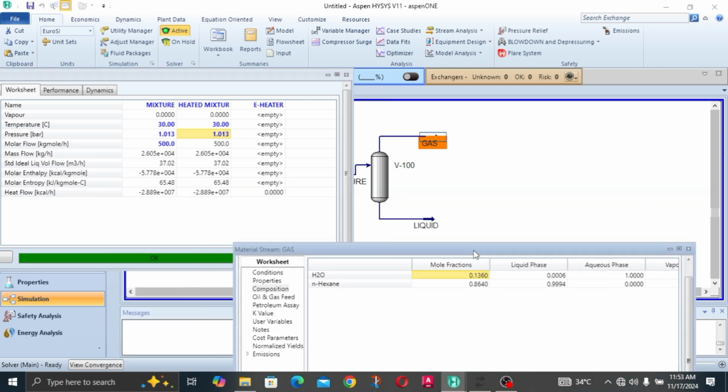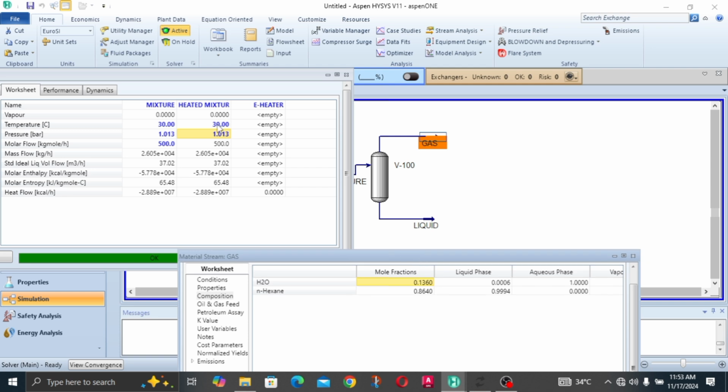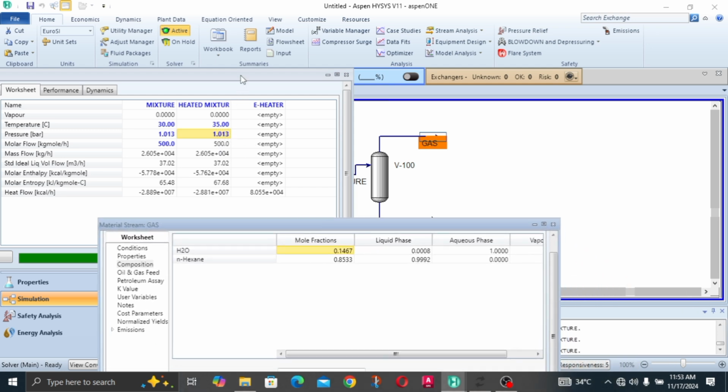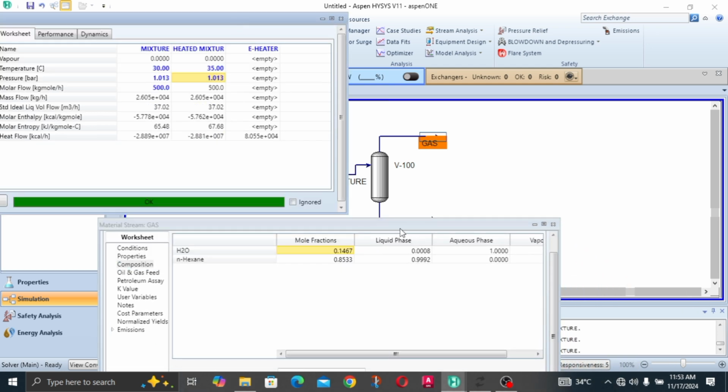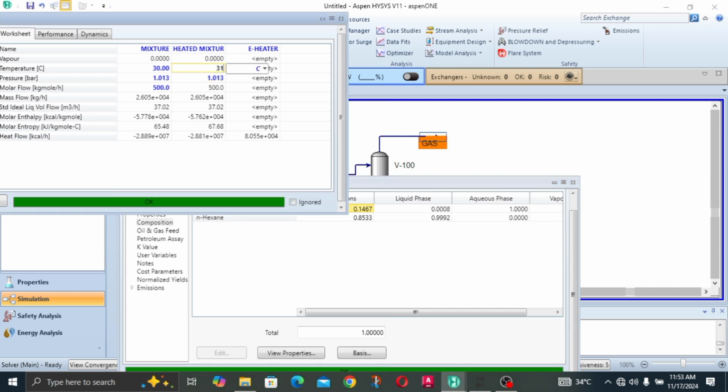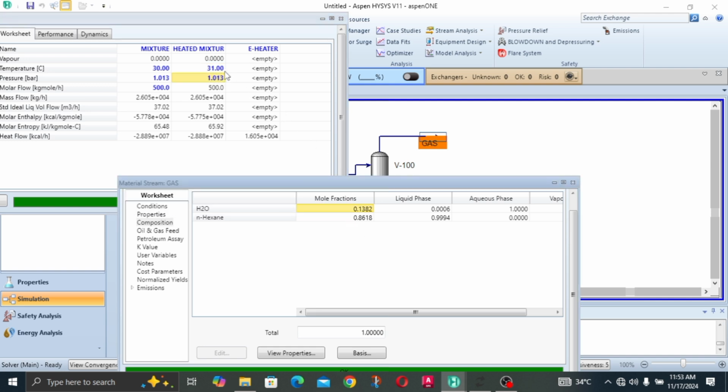Okay. Let's make it 35. All right. Or let's try the lowest temperature. Let's say 31.